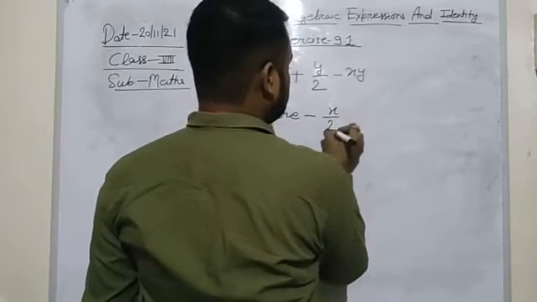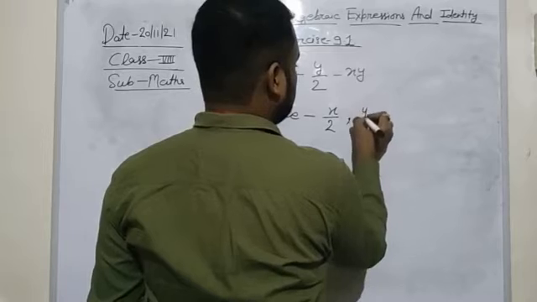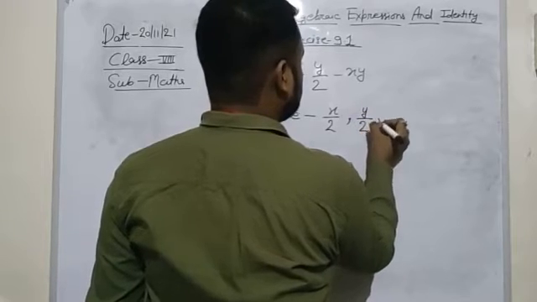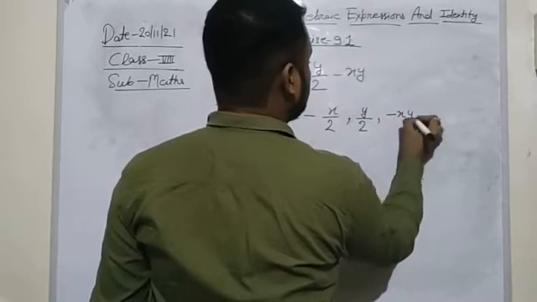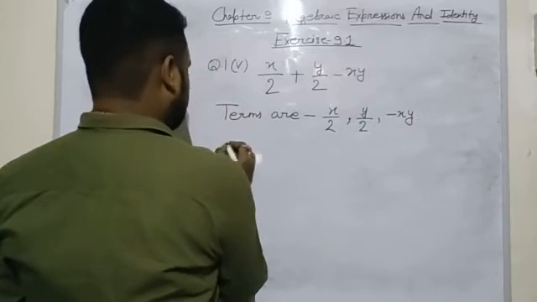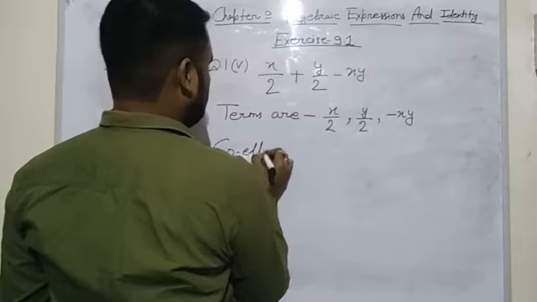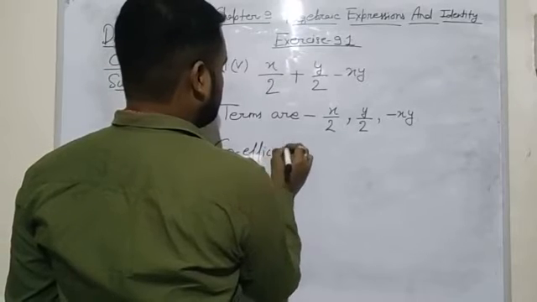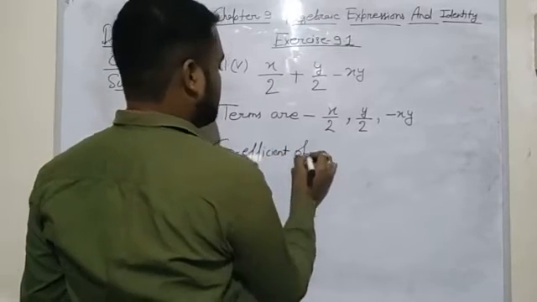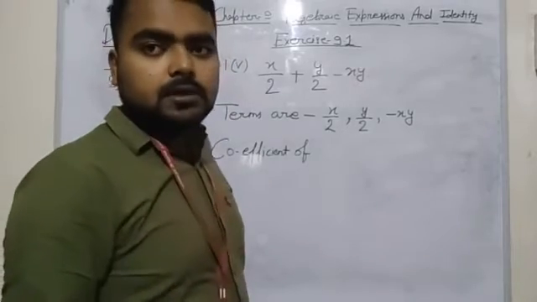The terms are x by 2, y by 2, minus xy, and we have to write the coefficient of each term.